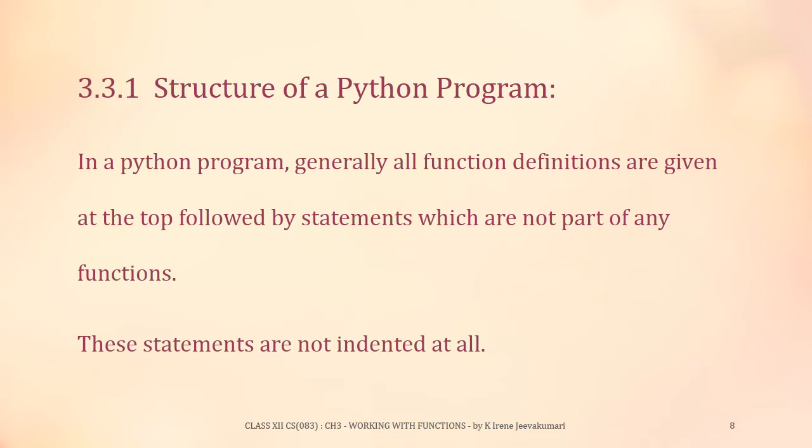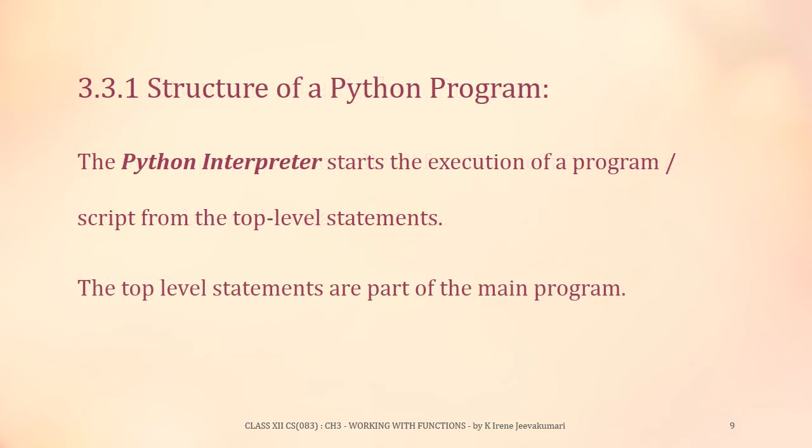So, the structure of the Python program. In a Python program, generally all function definitions are given at the top, followed by statements which are not part of any function. These statements are not indented at all. The Python interpreter starts the execution of a program or script from the top level statements.